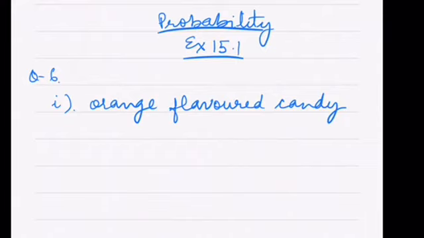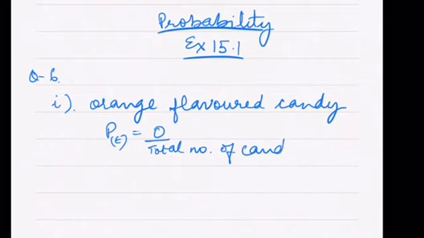So there are no chances. Probability of taking out an orange candy will be equal to 0 by total number of candies. So there are no orange candies, so probability will be equal to 0.